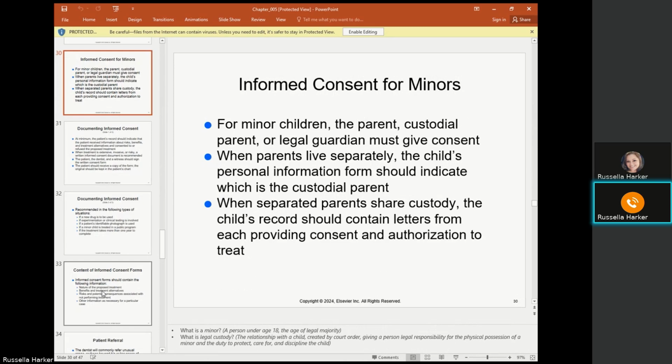When separated parents share custody, the child's records should contain letters from each providing consent and authorization to treat. So legal custody is the relationship with a child provided by court order giving a person legal responsibility for the physical possession of a minor and the duty to protect, care for, and discipline the child.